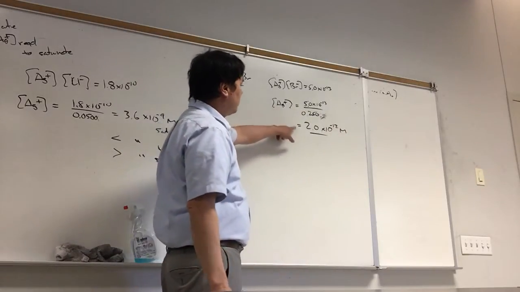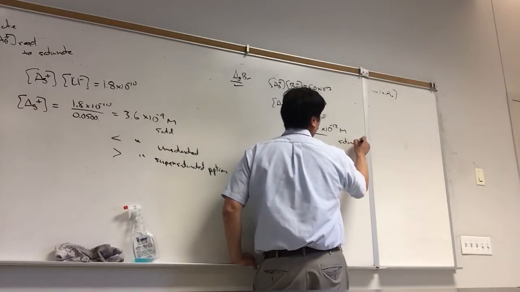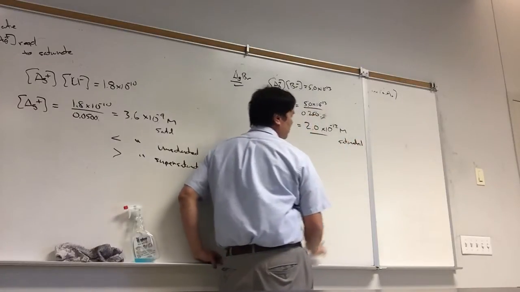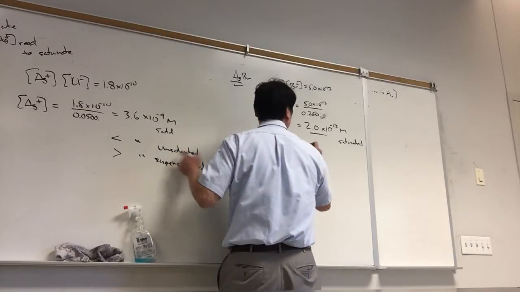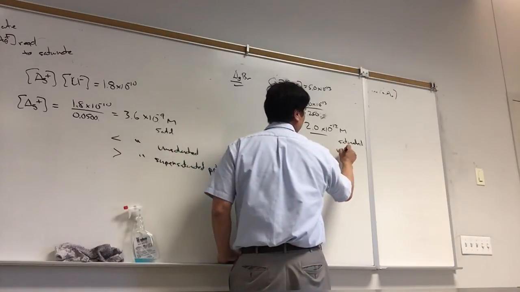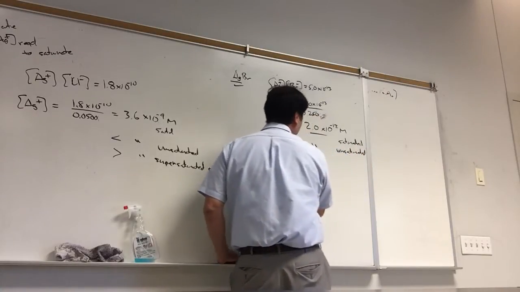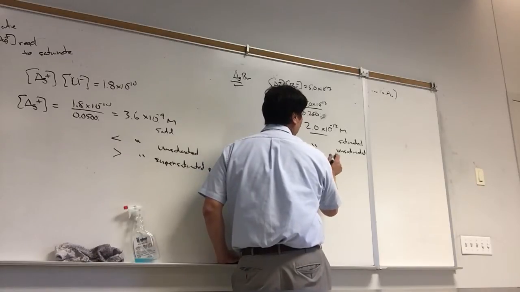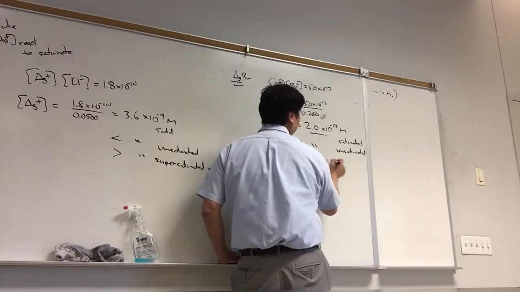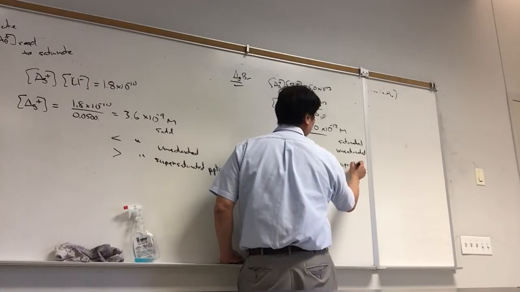If the silver ion concentration equals that, then we call it a saturated solution. It shouldn't precipitate until it exceeds that. If it's less than that, it's unsaturated, and so we aren't going to get any precipitate. So for these first two, there's no precipitation. It's just when we exceed a concentration of 2.0 times 10 to the minus 12 that it becomes supersaturated, and we're going to get a precipitate.